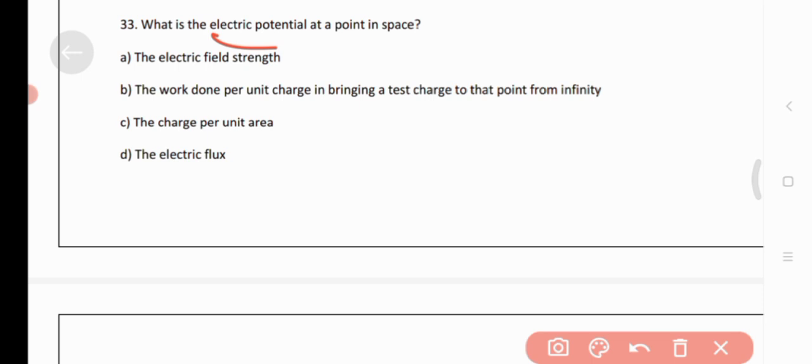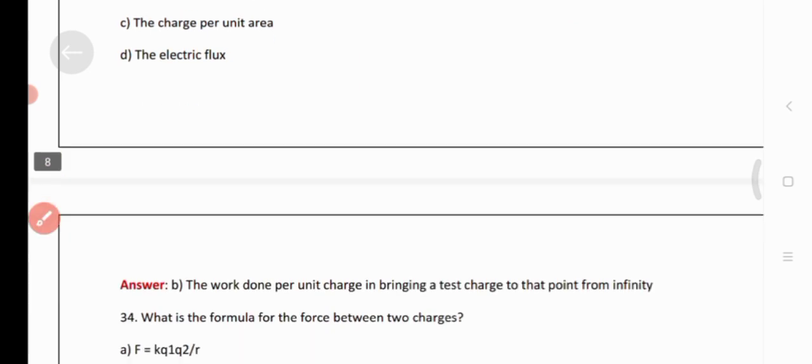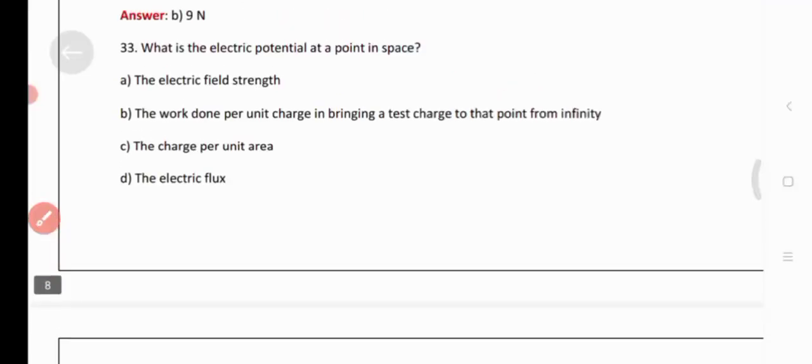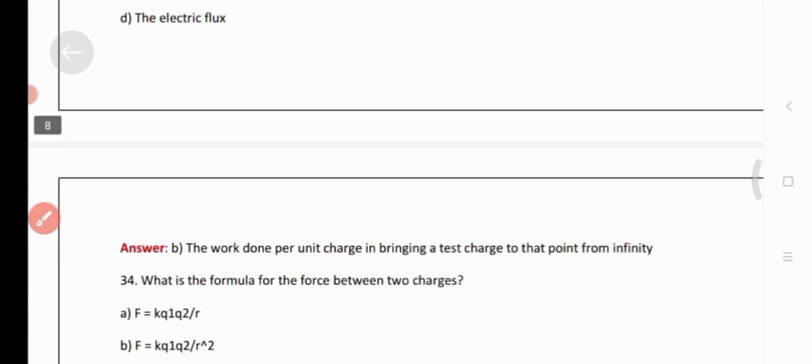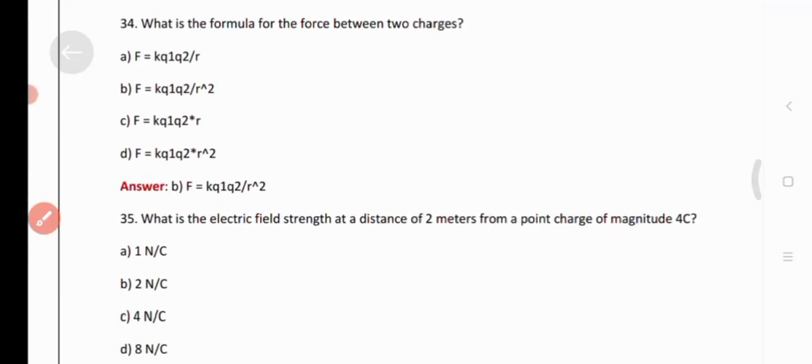What is the electric potential at a point in space? Option B, the work done per unit charge in bringing a test charge to the point from infinity. What is the formula for the force between two charges?